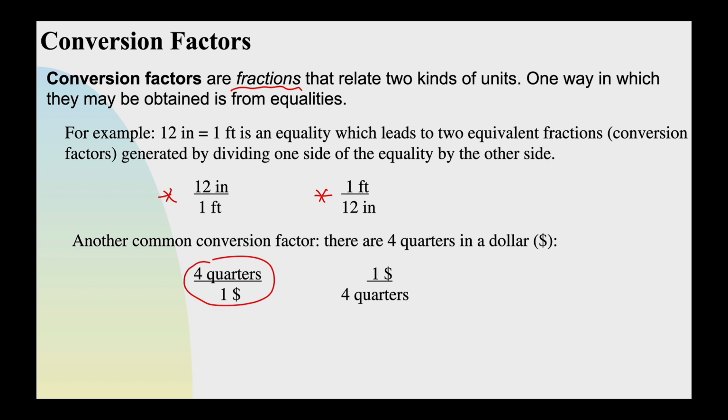So for example, $2 times 4 quarters per $1 would be 8 quarters, all right, no big deal. On the other hand, if you had 8 quarters and you want to know how many dollars you had, then you'd use this one. 8 quarters times $1 per 4 quarters would be $2. So see how you automatically use these sometimes and you don't even think about it.